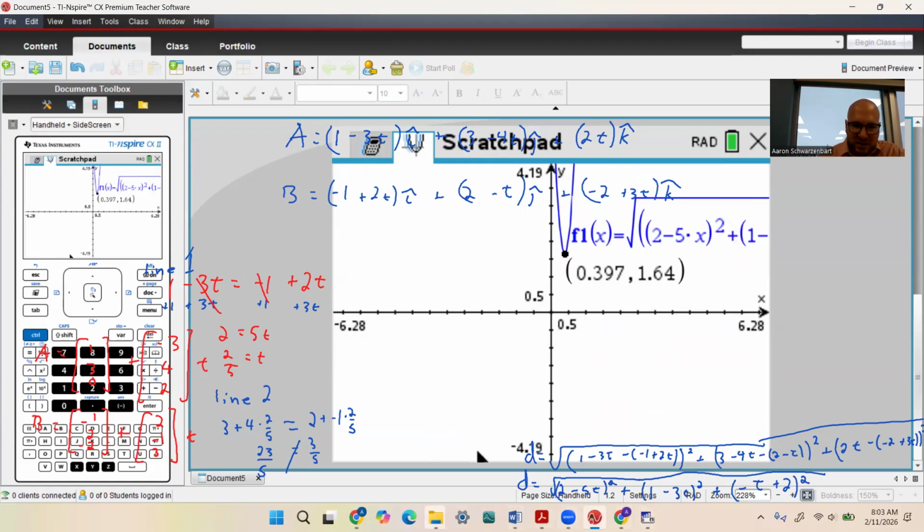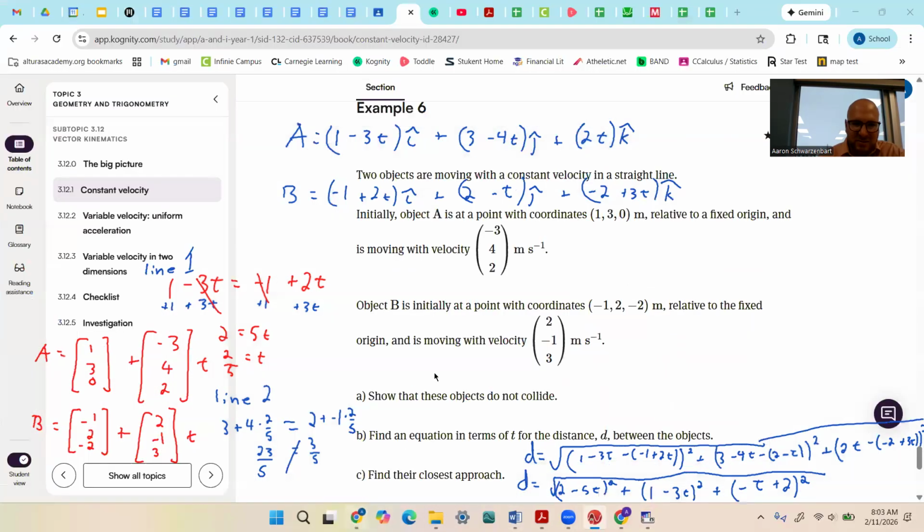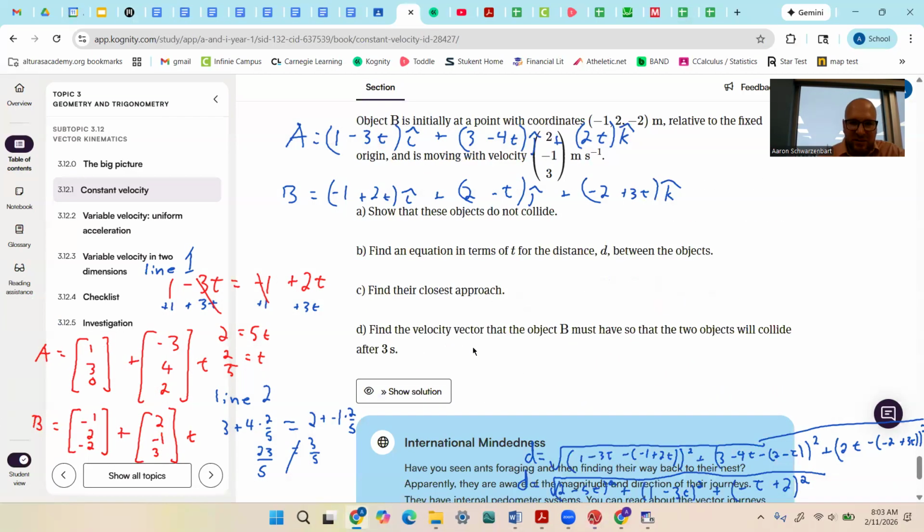Let's go back and check those answers. And then find the velocity that object B must have so that the two objects will collide after 3 seconds. Okay, so I can get rid of some of this.